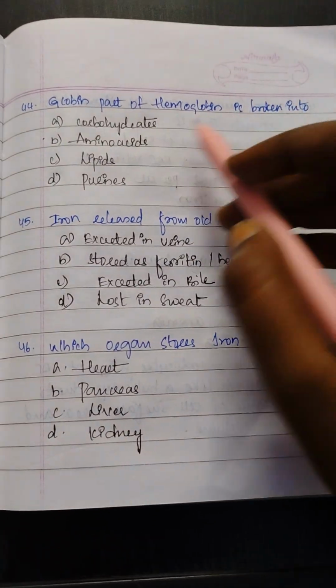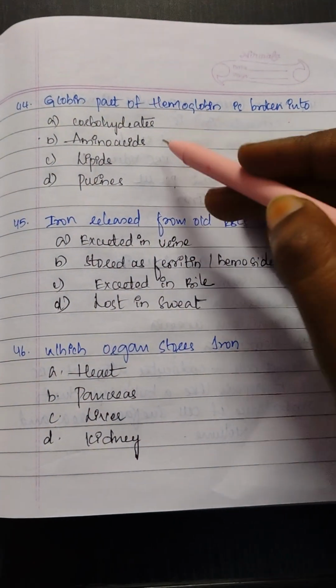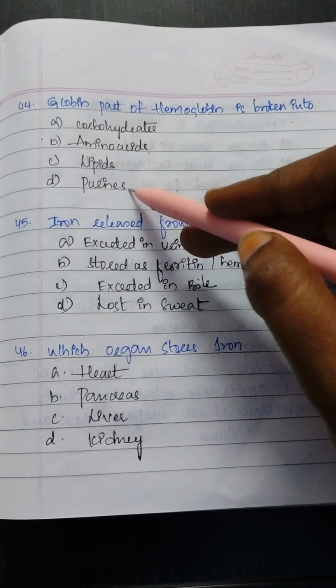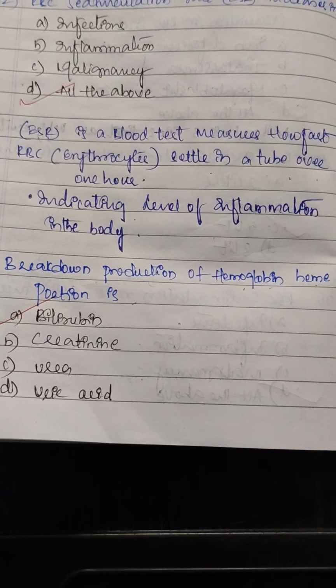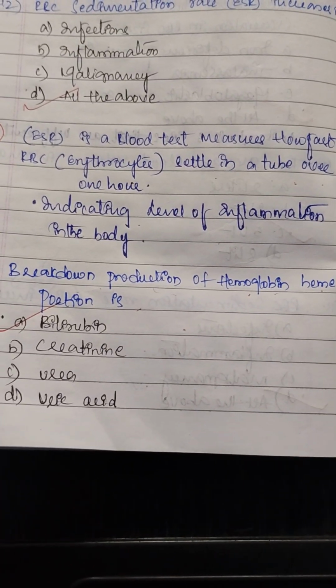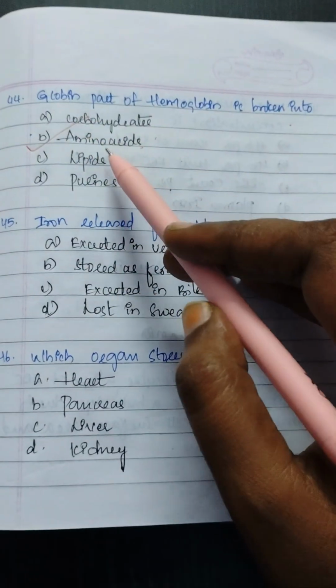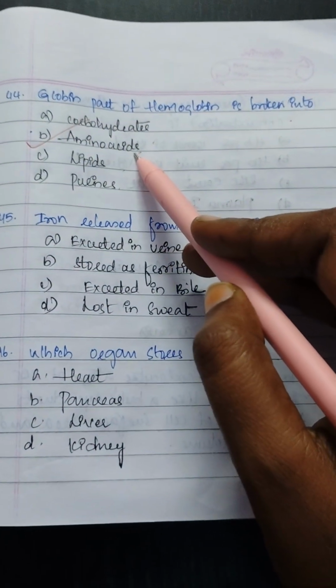The next question: the globin part of hemoglobin is broken down into carbohydrates, amino acids, lipids, purines. The answer is amino acids. Here, the heme portion of broken hemoglobin is converted into bilirubin, and the globin part converts into amino acids.